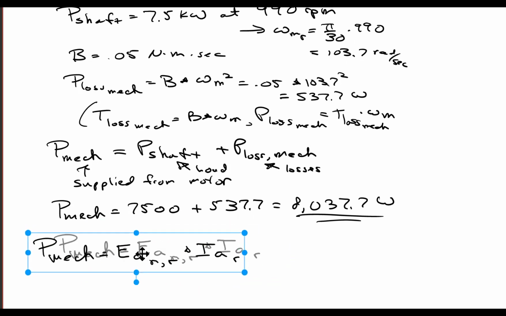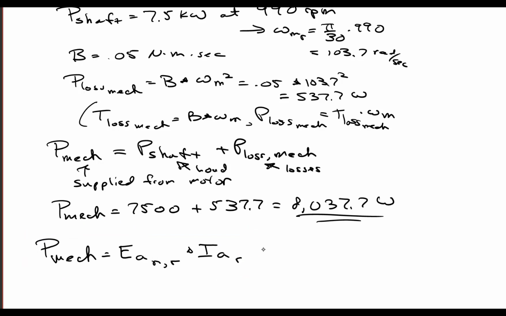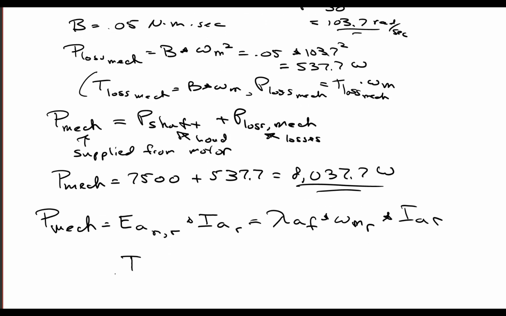Then we're after I sub A. We know what E sub A nominal rated is. It's the lambda AF that I gave you, times the speed that we calculated there, times I_A rated. So I_A rated is going to be equal to P mechanical.